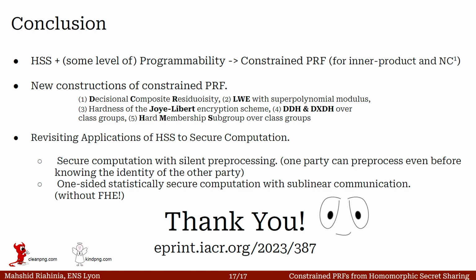So I didn't get it: is the evaluation key actually subtractive shares of the secret key of the encryption scheme that the homomorphic secret sharing is using? Yeah. I mean, if there is a trapdoor, and the mapping from the secret key to the public key is a compression mapping, then there are many secret keys for one public key. And with the trapdoor, you can find many secret keys.